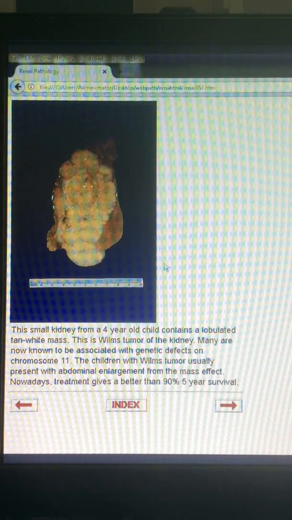So the child will present with abdominal enlargement, and after abdominal examination, you will see that there is a mass effect in the abdomen. Treatment-wise, the survival rate of patients with Wilms tumor is excellent, more than 90% in 5 years.